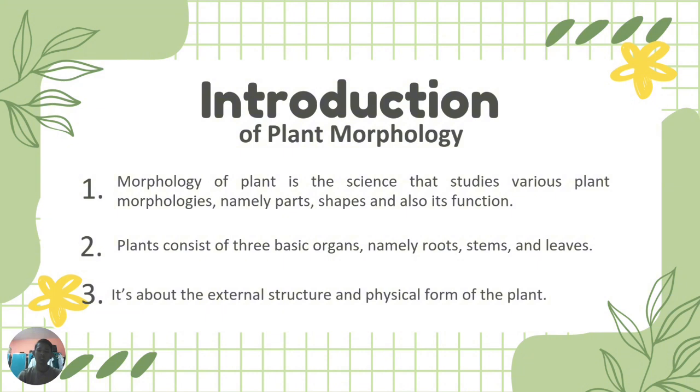Morphology of plants is the science that studies various plant morphologies, namely parts, shapes, and also their function. A plant consists of three basic organs, namely roots, stem, and leaves. Plant morphology is about the external structure and physical form of the plant.